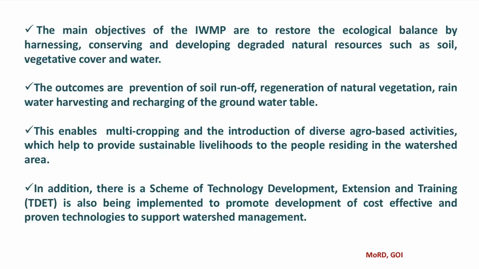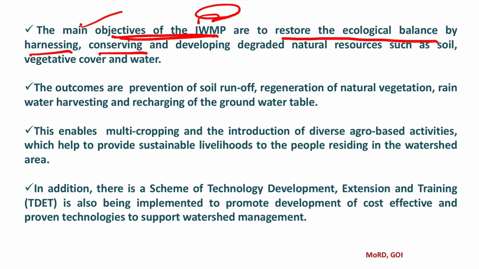So the main objective of integrated watershed program. So what are the main objectives of integrated watershed program? To restore the ecological balance by harnessing, conserving, developing degraded natural resources such as soil, vegetative cover, and water. So we are using them judiciously. We are using them according to the land capability classification, according to its potential.